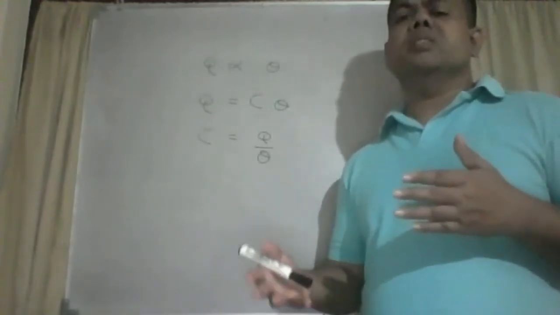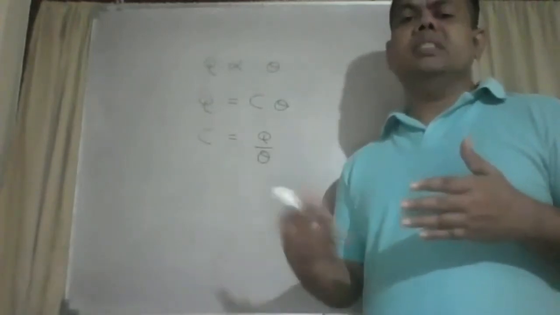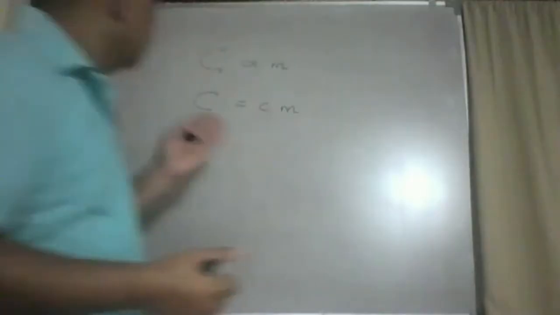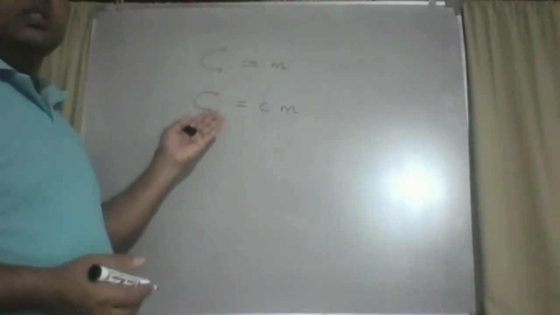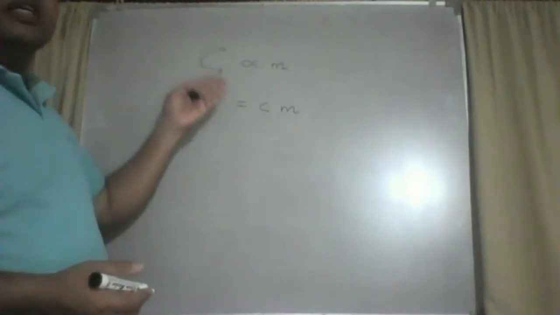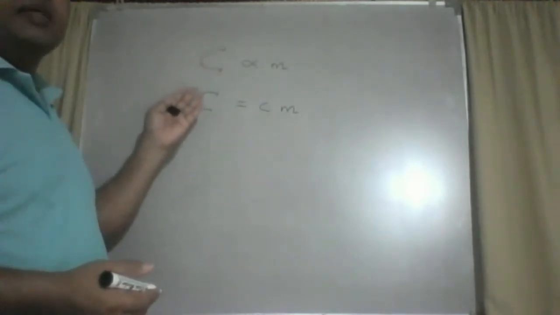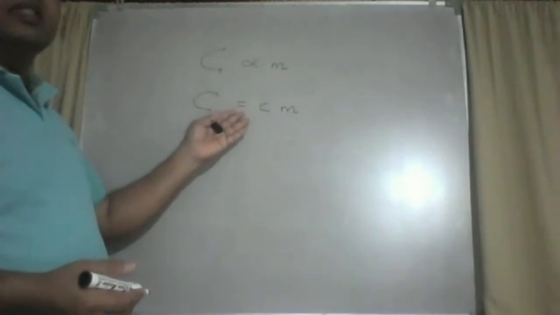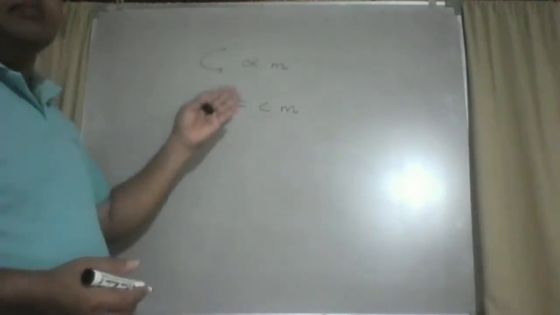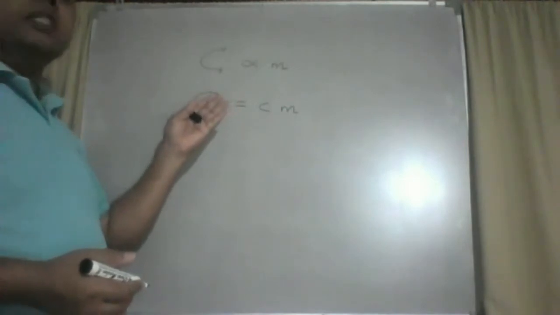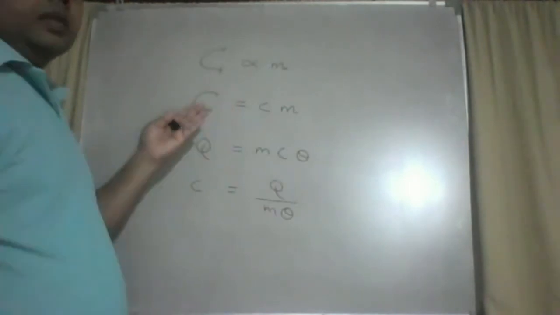If we double the mass of the same material, heat capacity is doubled. By introducing another proportionality constant, small c, we can write this heat capacity capital C as small c times mass M. Here, small c is called the specific heat capacity.